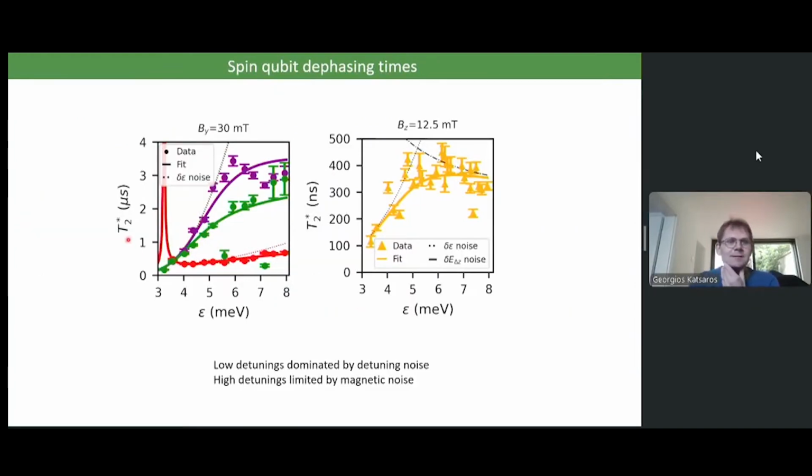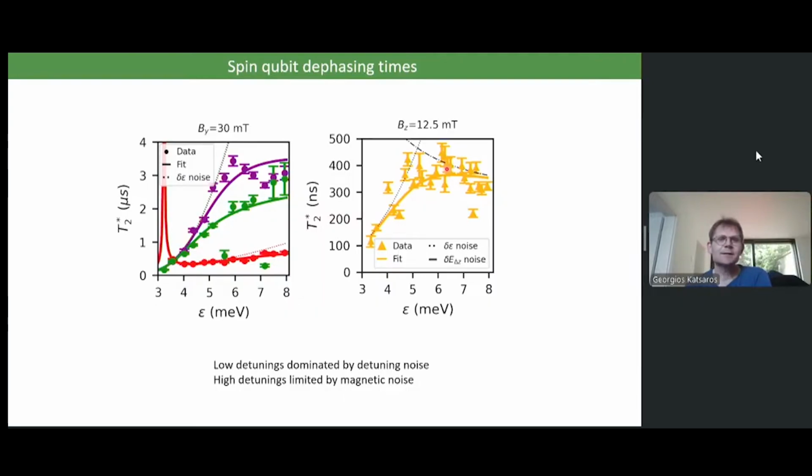Here I summarize: for in-plane, T2 star, we can see dephasing times reaching 3 microseconds, while for the singlet triplet out of plane, at 12 millitesla, we could measure a dephasing time of 400 nanoseconds. And the dephasing time strongly depends on the detuning at which you do the experiment.